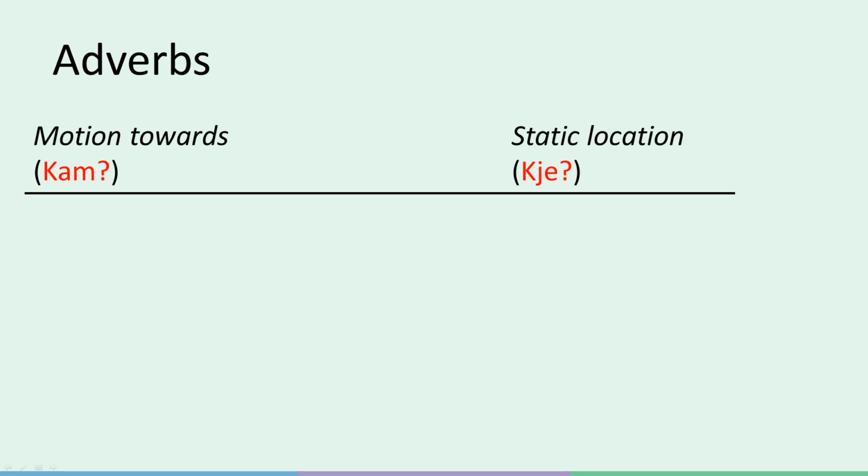Again, we have the same difference between motion towards and static location, but this time it isn't expressed by accusative versus locative, but by a pair of 2 separate, unchanging words. Let's have a look at 2 common adverbs like that. I'm going home is "jaz grem domov" in Slovene, so the home in going home is domov.